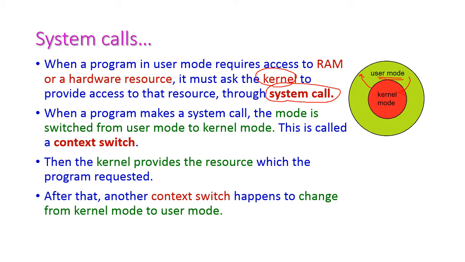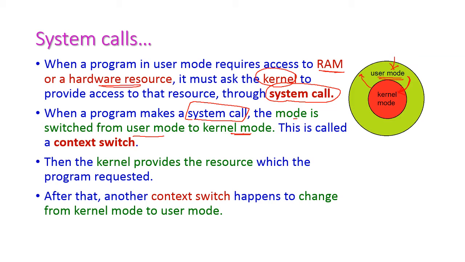So the program makes a system call. Then the mode is switched from user mode to kernel mode. Initially the program is running in user mode, then it switches to kernel mode, because only from kernel mode can we access the resources, either RAM or any other hardware resources.